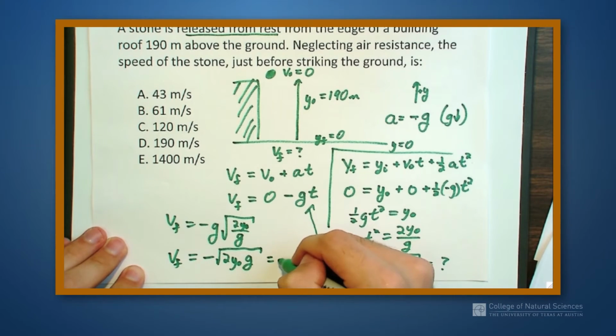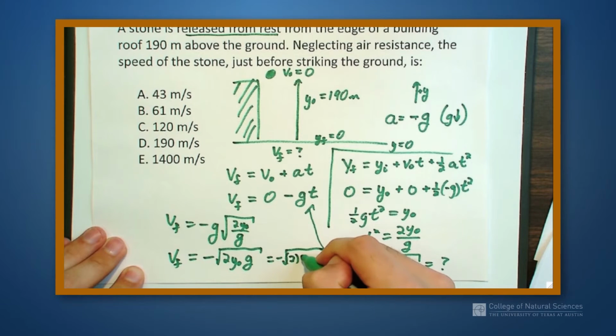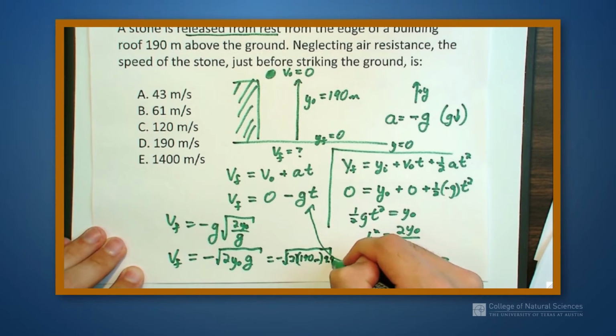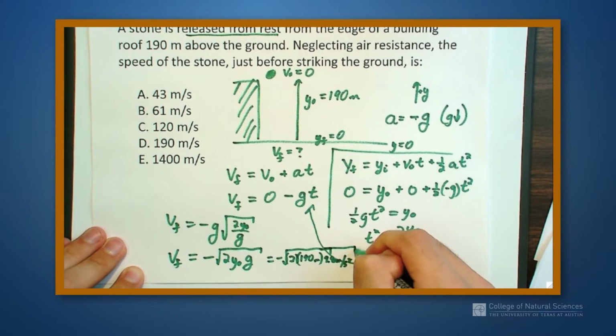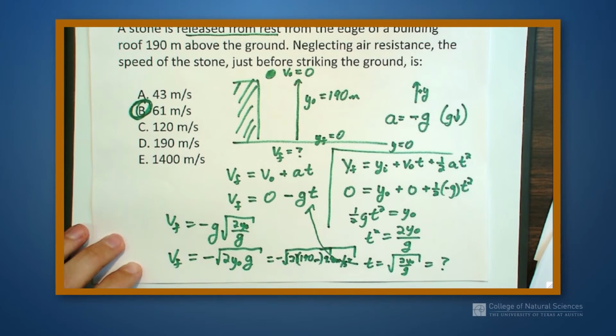Or the negative square root of 2 times 190 meters times 9.8 meters per second squared, which turns out to, I believe, 61 meters per second.